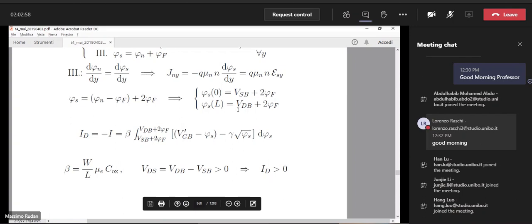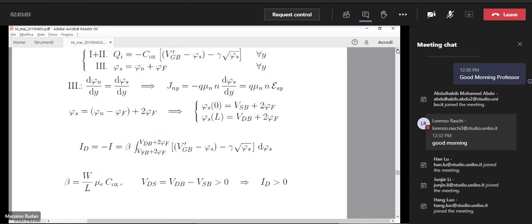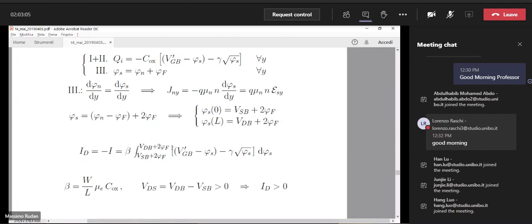It is not finished yet because to calculate the integral, we need the integration limits, okay?